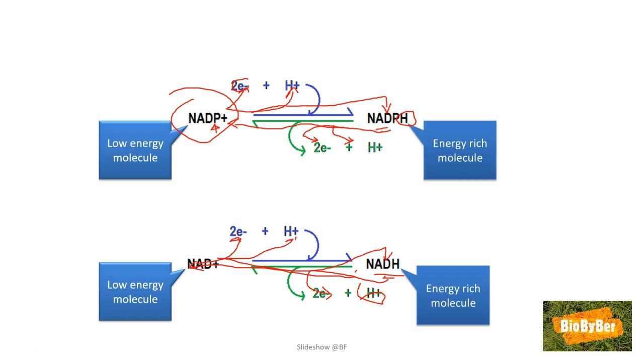So when the 2 electrons and the H+ are dropped off, we now have NADP+. The taxi isn't hired anymore, no letter H on it. It's a low energy molecule. It's empty. It's now free to pick up more passengers, pick up 2 more electrons and a H+, and become hired or NADPH again.